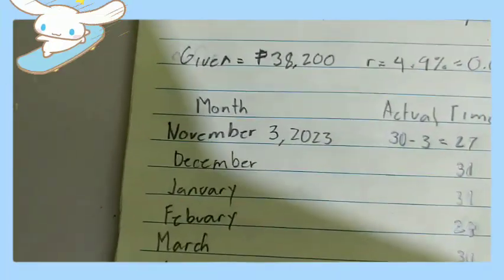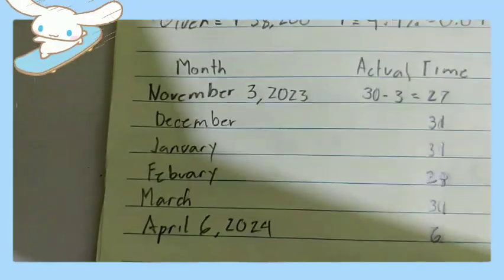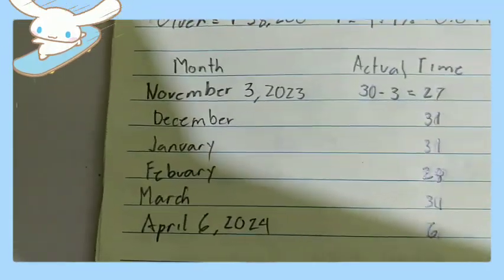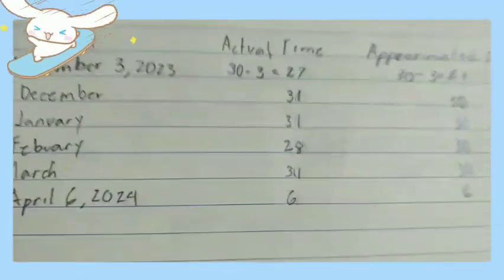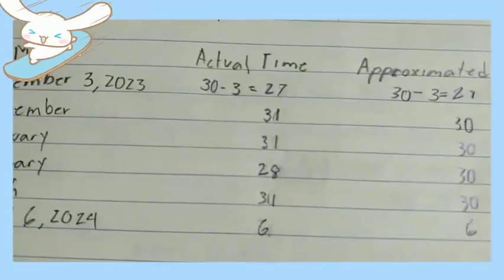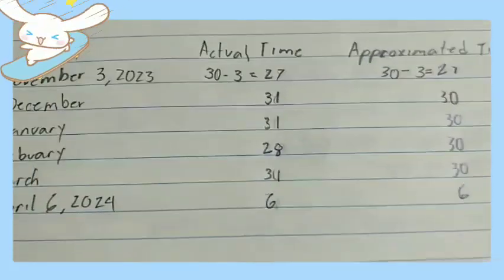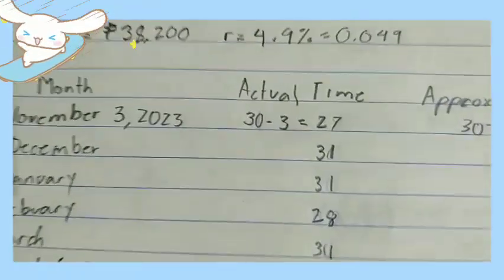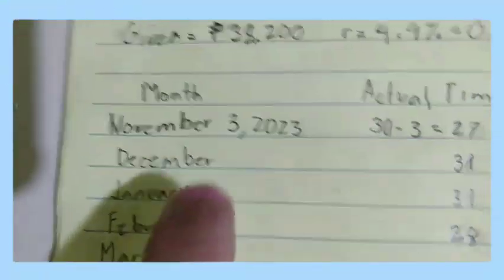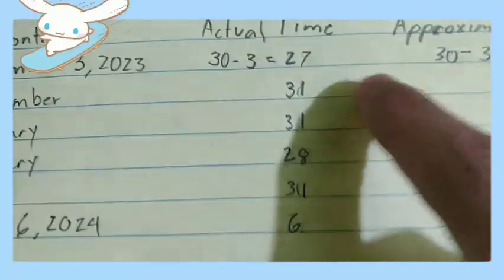So the month will be November 3, 2023 to April 6, 2024. So as I told before, we have to subtract the days according to the date. So 30 minus 3, since it's November 3, equals to 27.